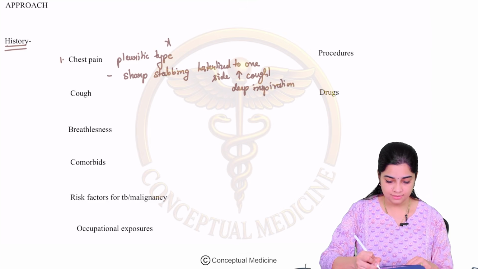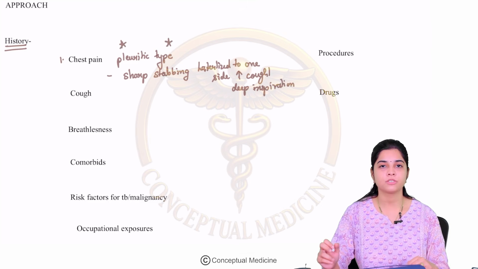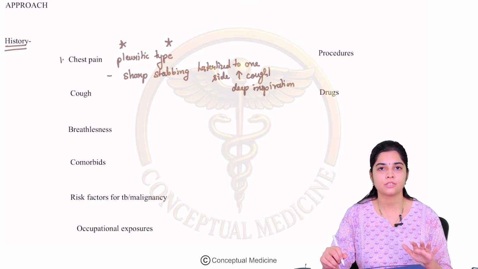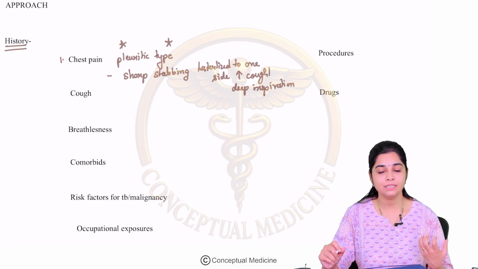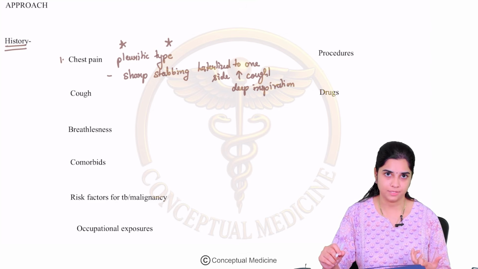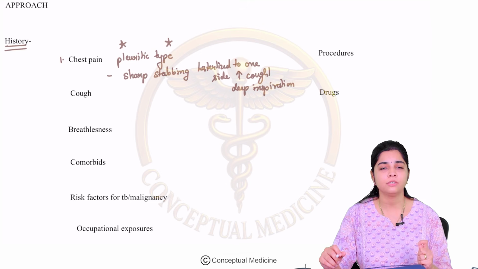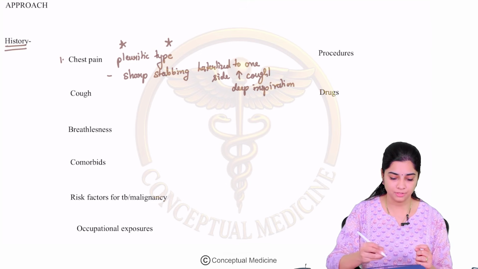Okay, so this is a very important description which is called the pleuritic type of chest pain. Pleuritic chest pain is a sharp stabbing pain which is lateralized to one side of the lung, and it increases during cough or deep inspiration. This pleuritic type of chest pain is usually present during the initial phases of the pleural effusion.